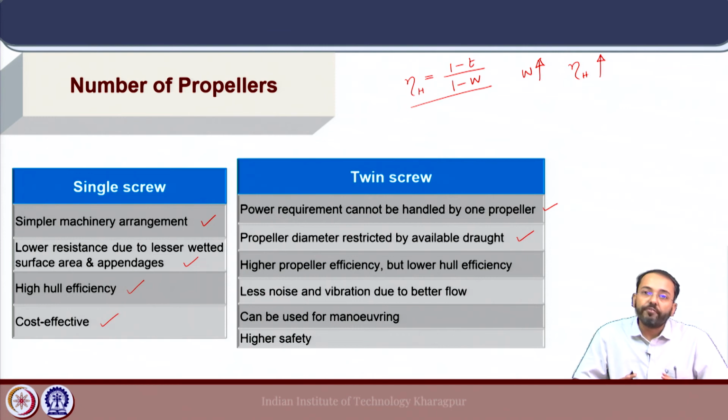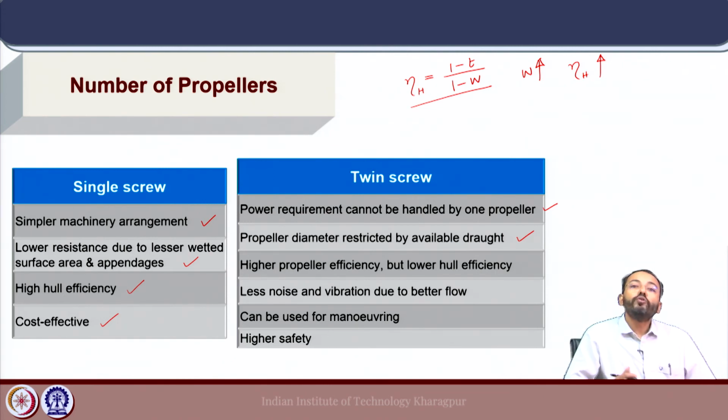Now, if we have a high thrust requirement, which is given by this high powering that we are discussing here, and also restricted diameter, that means the thrust loading will be very high on the propeller. So, that will reduce the propeller efficiency.